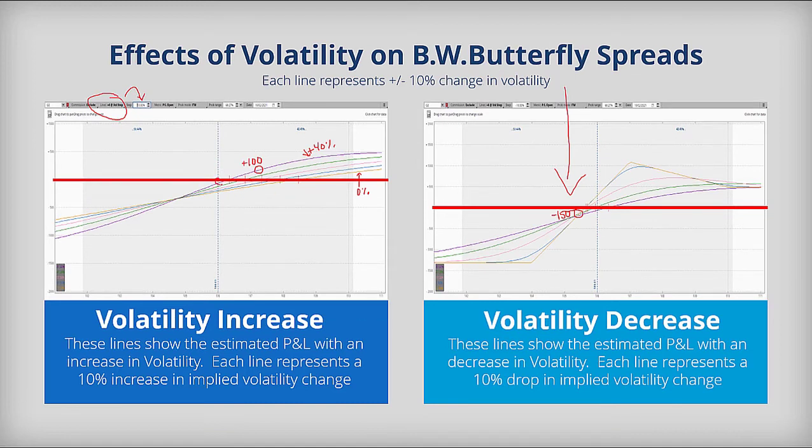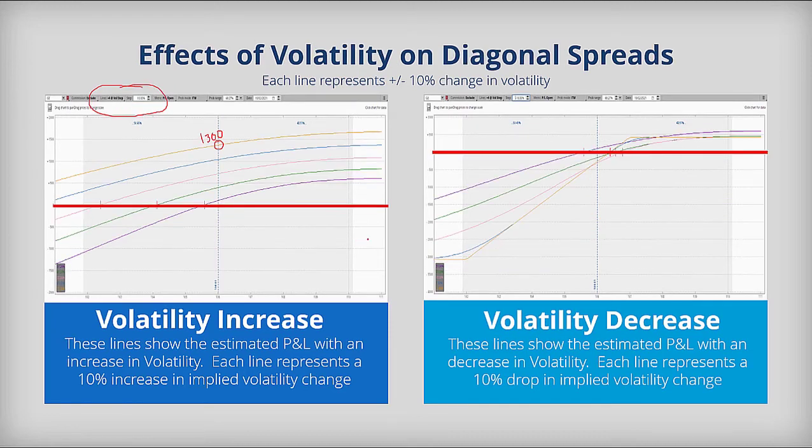At 106, we basically had really no change. So it really affects this, and this is because we aren't all in the same month. With the butterfly, we're all in the same month. Horizontals and diagonals, we've got a longer dated option and a shorter dated option. Now we're getting the differences between the moves in Vega. With a volatility decrease, you can see just big effects across the board on diagonal spreads.